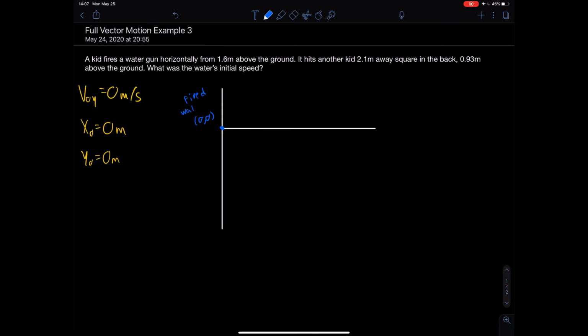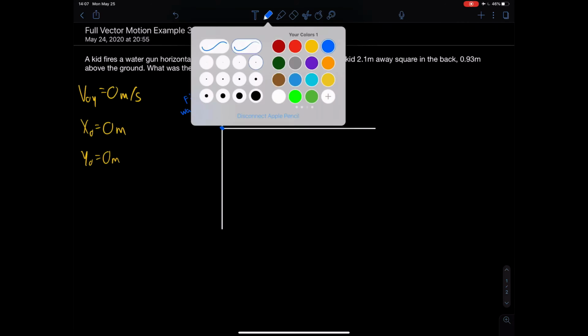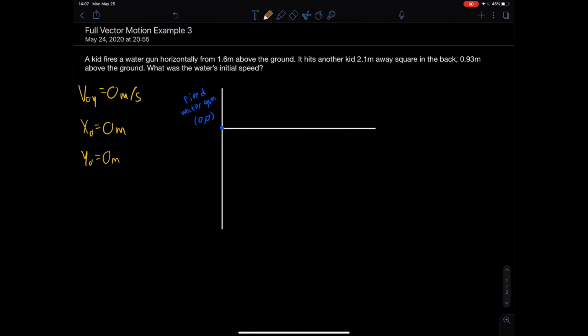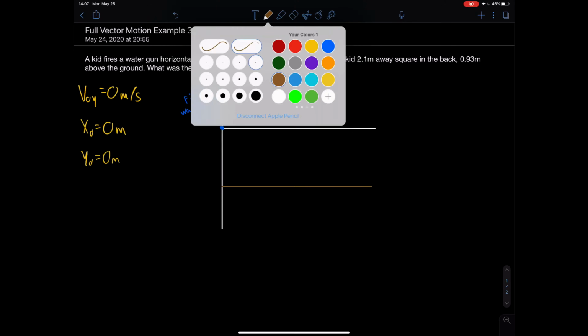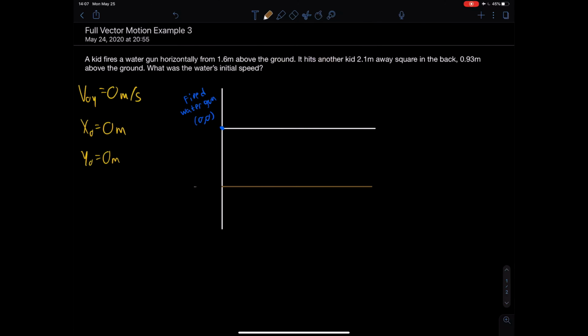Now, we want to put the ground 1.6 meters below this. So we can put the ground down here. It's weird to have the ground not be the origin, but it's just a coordinate. So this is down here at negative 1.6 meters.